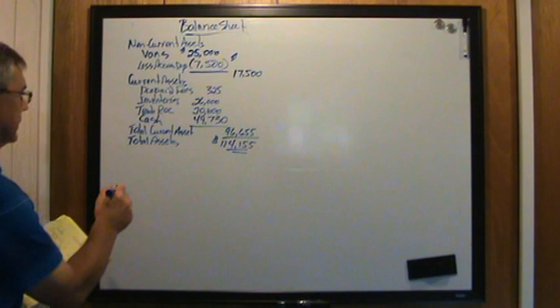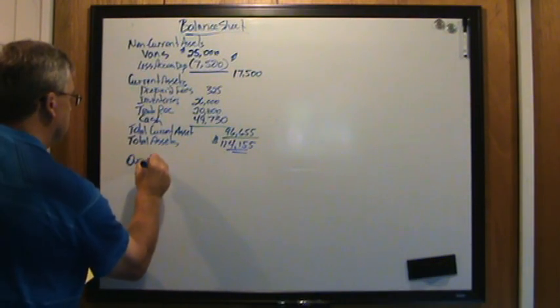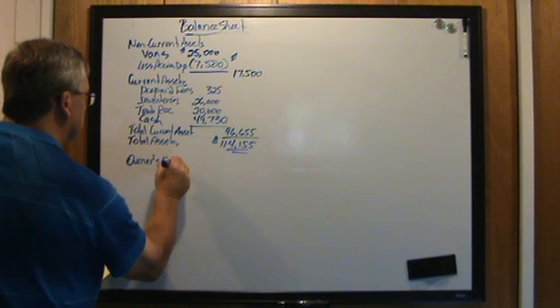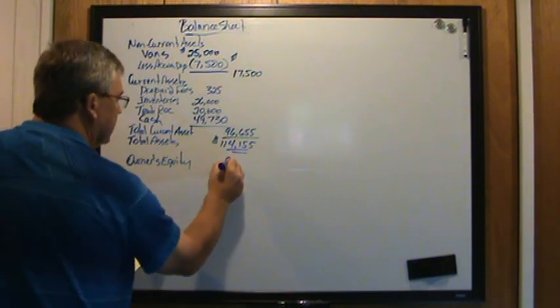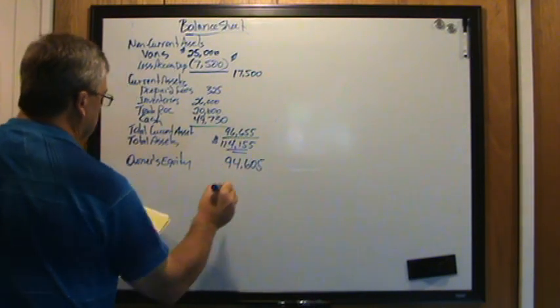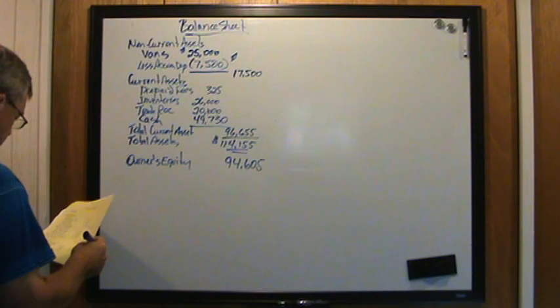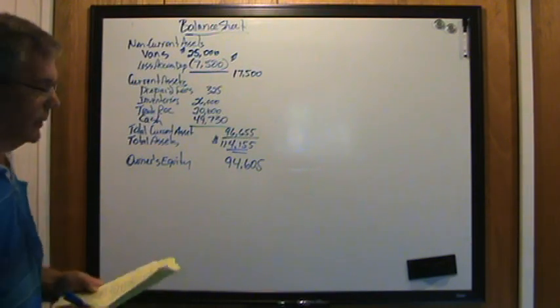All right, now owner's equity. We just calculated a few minutes ago, 94,605, and we have no non-current liabilities.